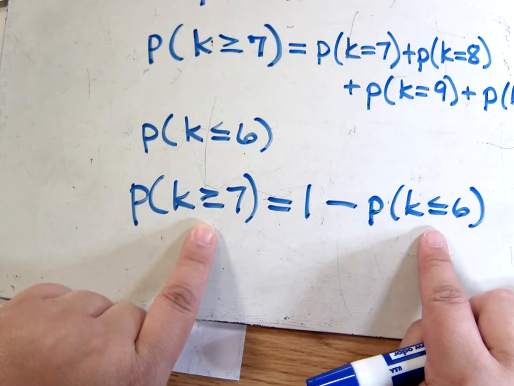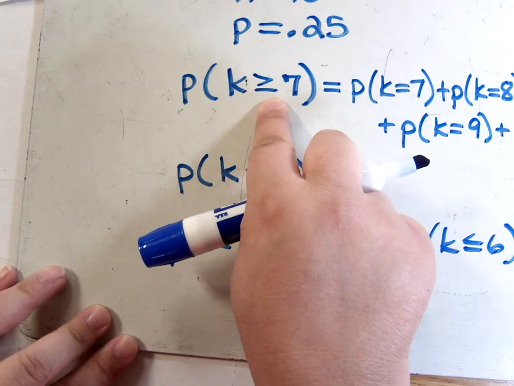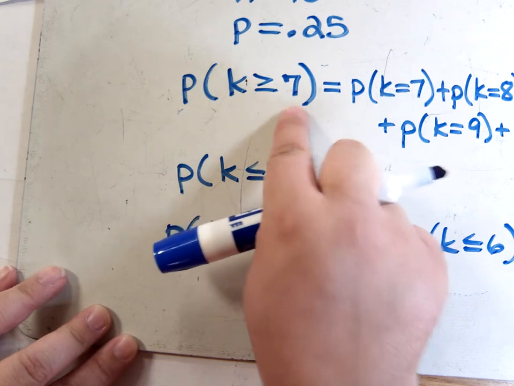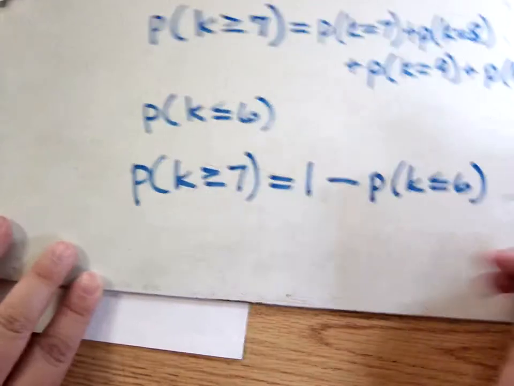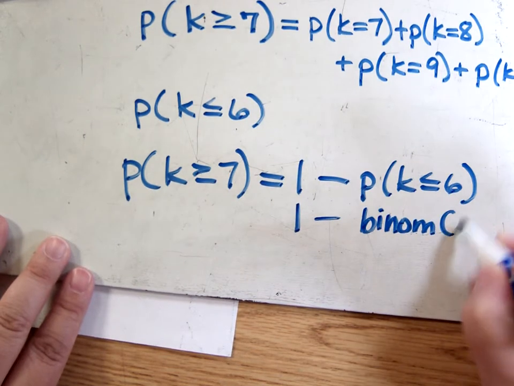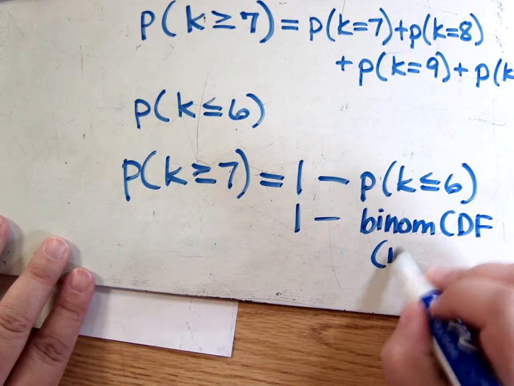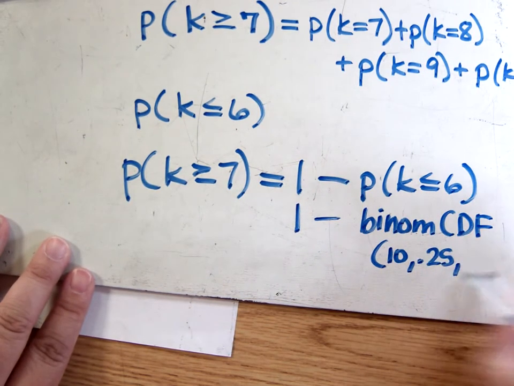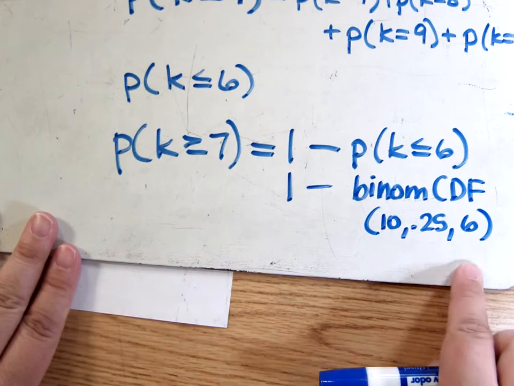Because 1 would be the sum of all probabilities, because something's going to happen. Okay? So if you are asked to do greater than or equal to, you have to look at less than or equal to the number less than this and subtract it from 1. So in my calculator, I would do binom CDF for n is 10, probability is 0.25, and k is 6. And then after I get this answer, I would subtract it from 1, and that would give me this answer.